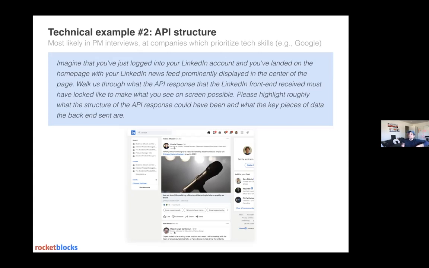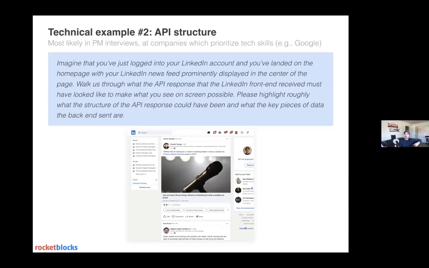It says, imagine that you've just logged into your LinkedIn account and you've landed on the homepage with your LinkedIn newsfeed prominently displayed in the center of the page. Walk us through the API response that the LinkedIn front end received and what it may have looked like to generate the screen that you see in front of yourself. Give us a sense of the rough structure of the API response, what key pieces of data may have been sent from the backend. So this is a much more in-depth question.